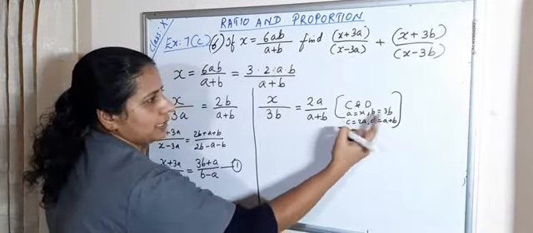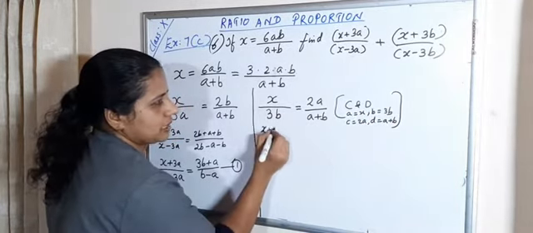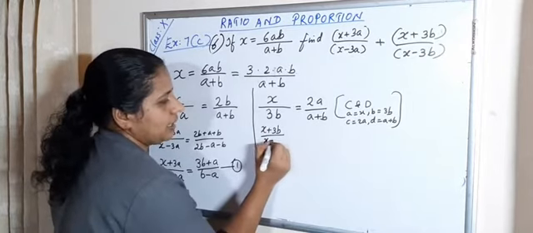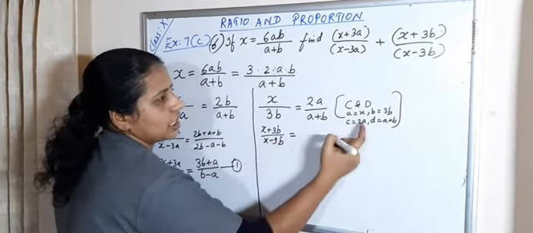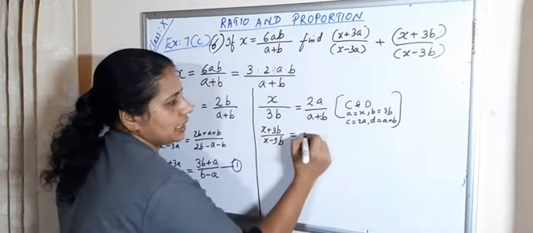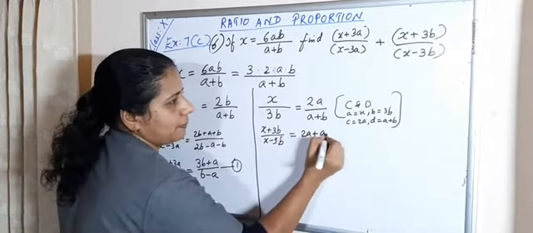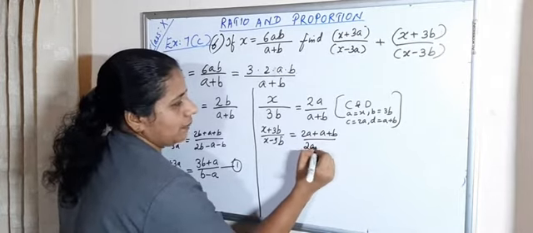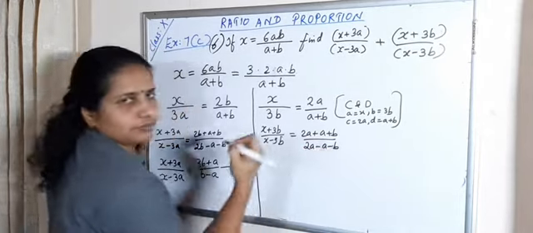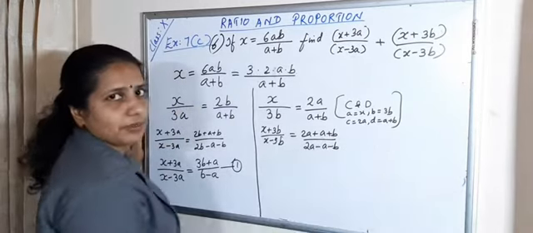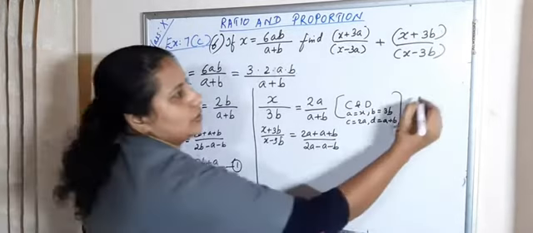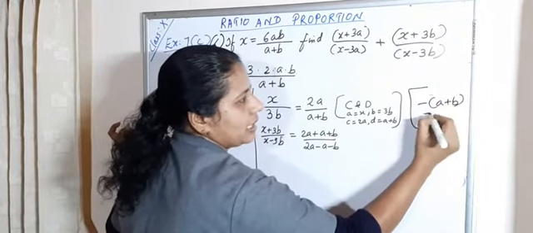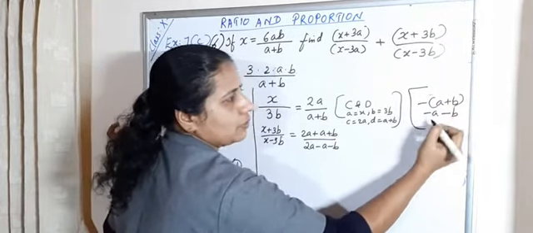That is (x + 3b)/(x - 3b) equal to (c + d)/(c - d), (2a + a + b)/(2a - a - b). That is, minus a minus b. Look here. What is minus a plus b? It is equal to minus a minus b. Negative or positive? Negative.